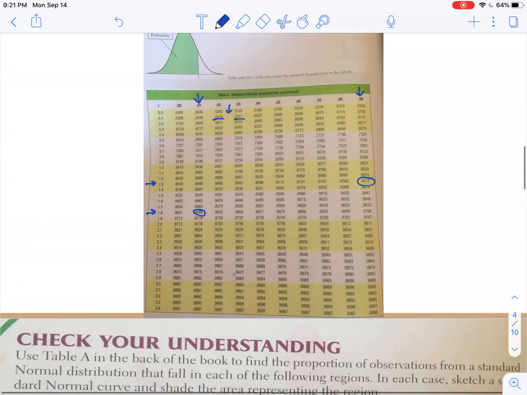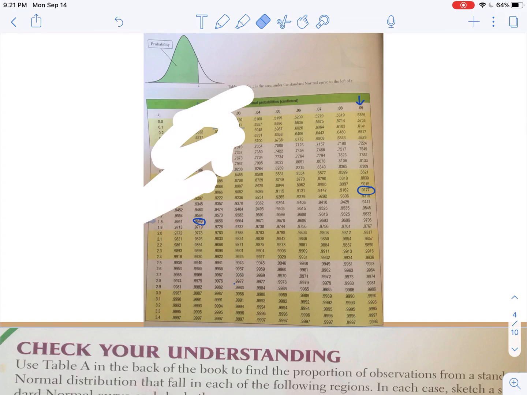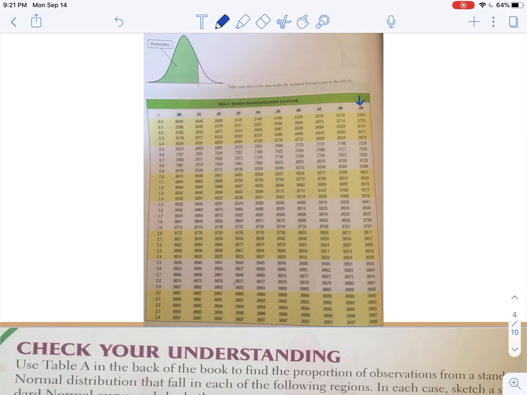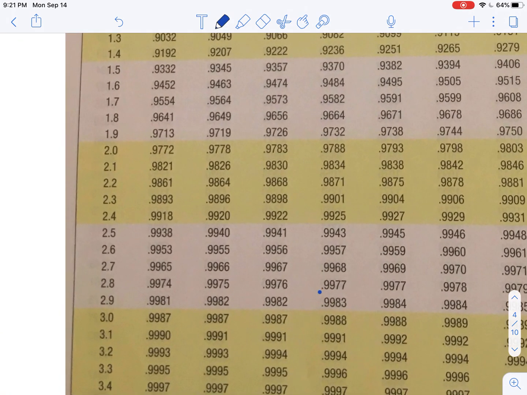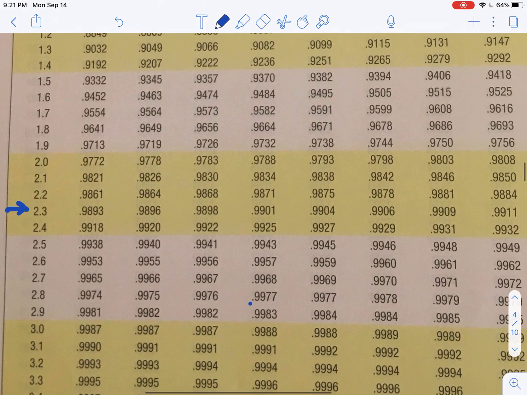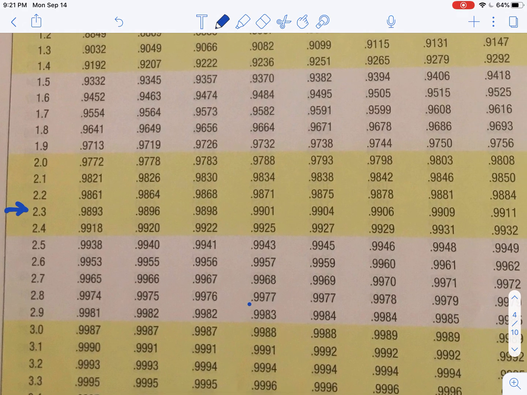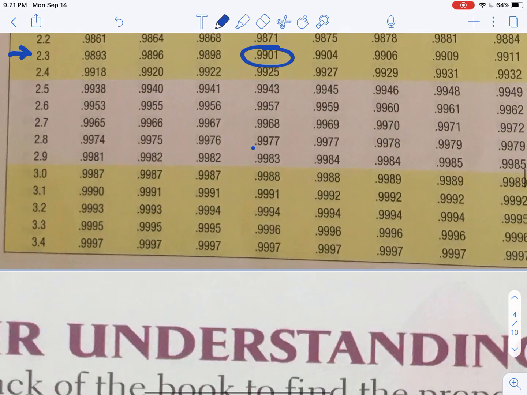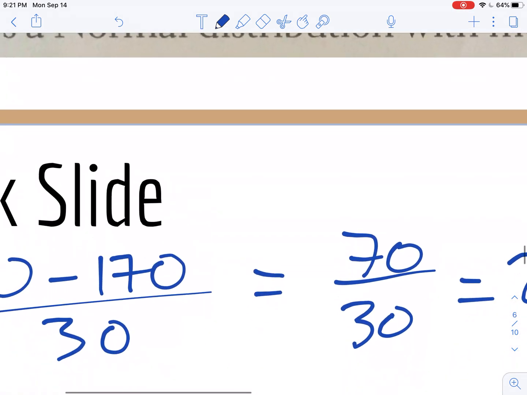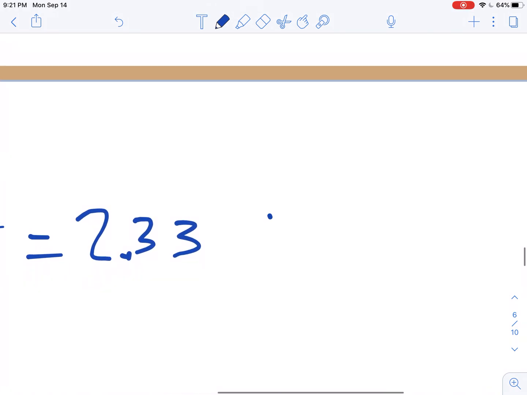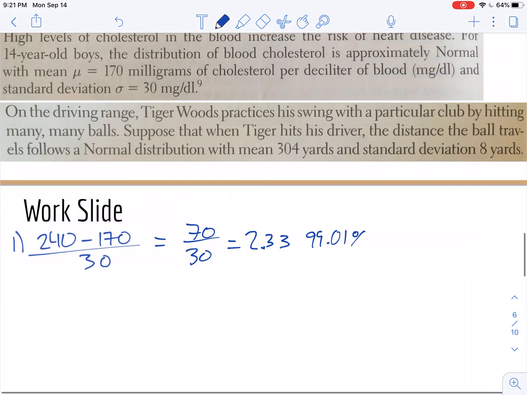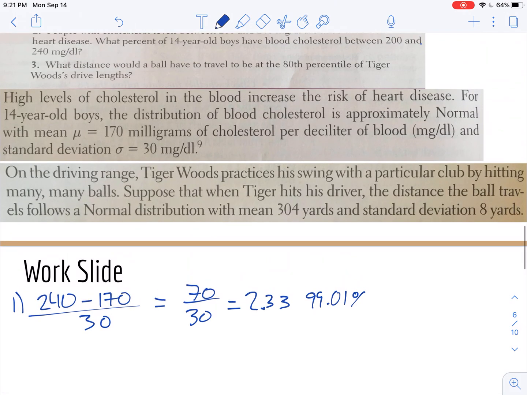So I'll go up to my table A. I'll go to 2.3. I will go to 0.33, which is going to be here. So a z-score of 2.33 falls at the 99.01 percentile. This means that 99.01% of 14-year-old boys have cholesterol less than this.